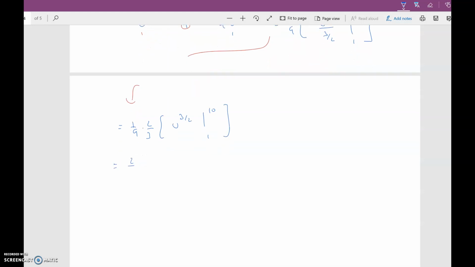So we're looking at 2 over 27, and then you can just leave it as 10 to the 3 halves minus 1 to the 3 halves, which you can leave as 2 over 27 times 10 to the 3 halves minus the value of 1.